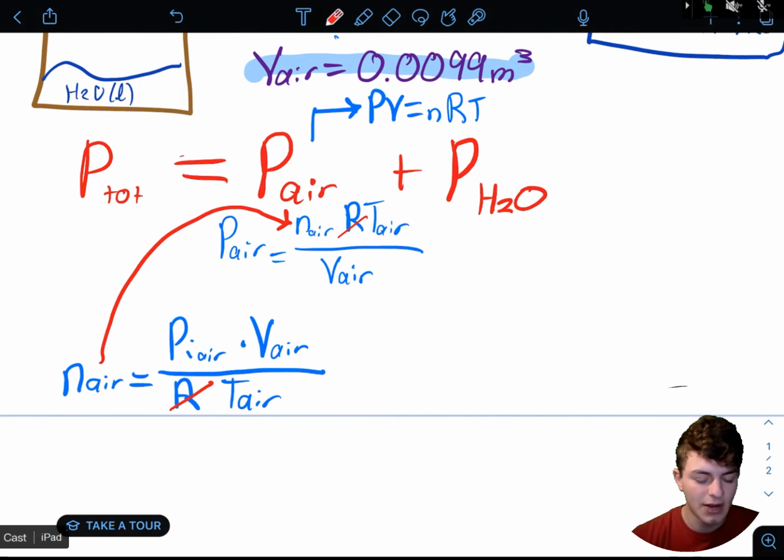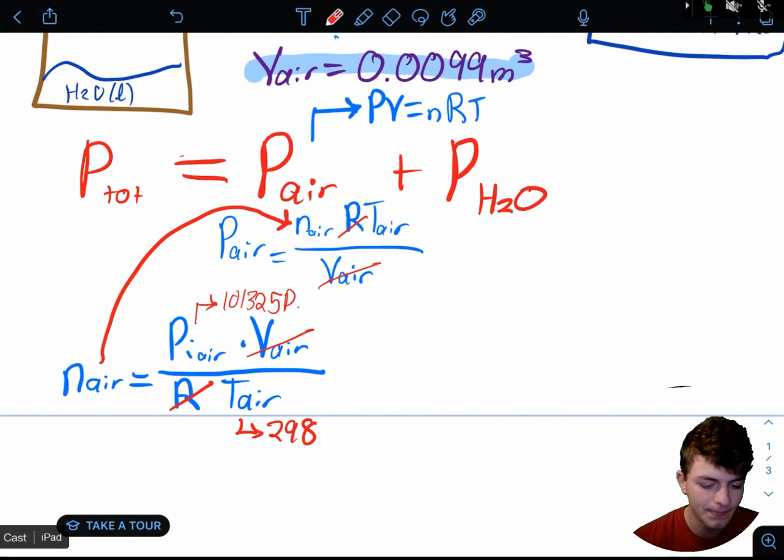The initial temperature of the air here is going to be a constant, 298 degrees Kelvin, so that would not cancel with the temperature of the air in the other case, which is going to be variable. The volume of the air, however, is going to stay constant, so it will cancel out. And the pressure is an actual value, so it will not cancel out: 101.325 pascals.